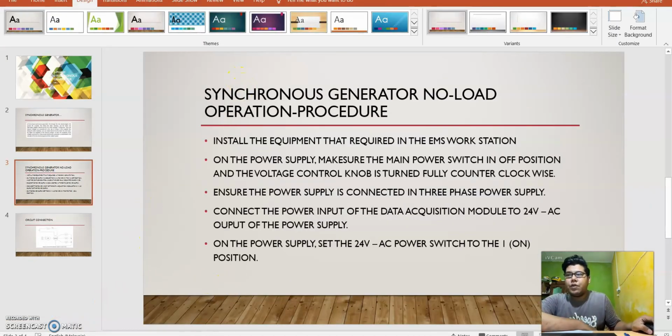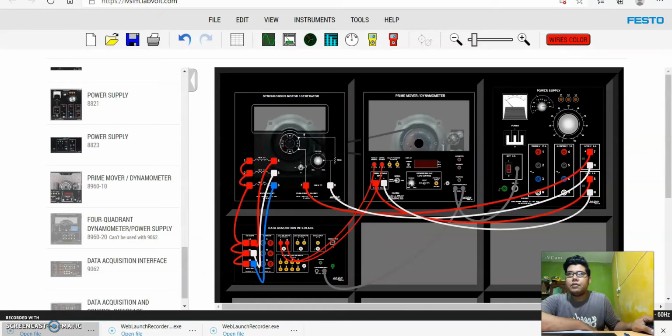So actually we have four pieces of equipment: synchronous motor/generator, prime mover, dynamometer, power supply, and data acquisition interface. Basically, in this lab we use LVSIM-EMS to simulate the lab.